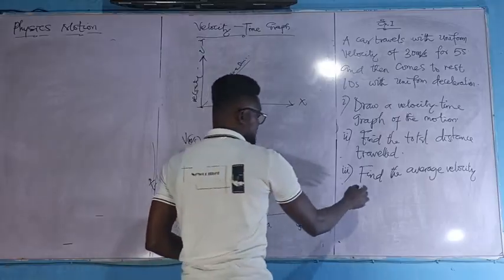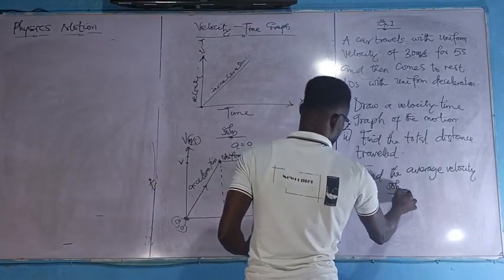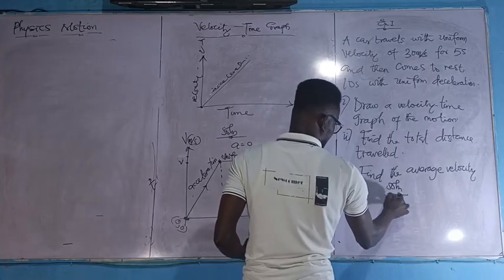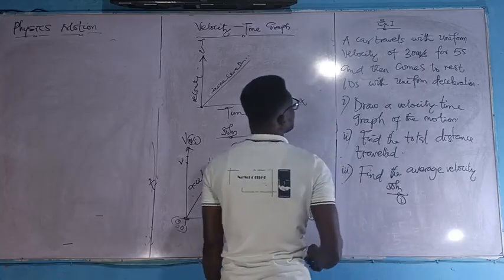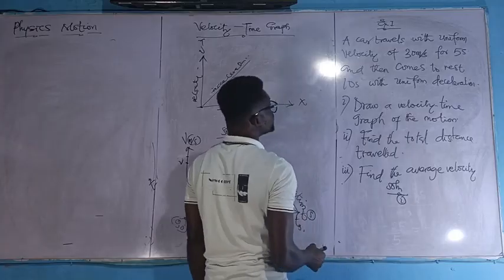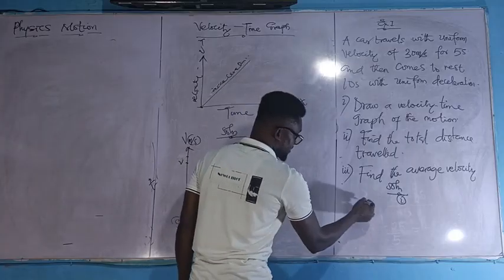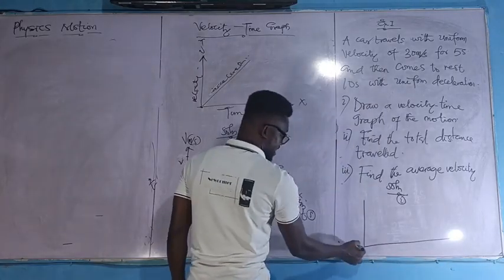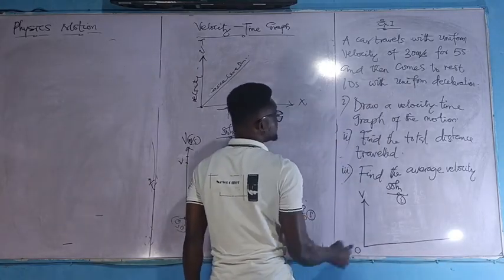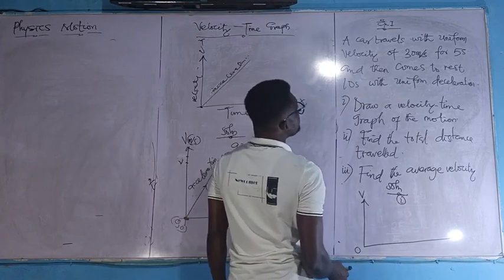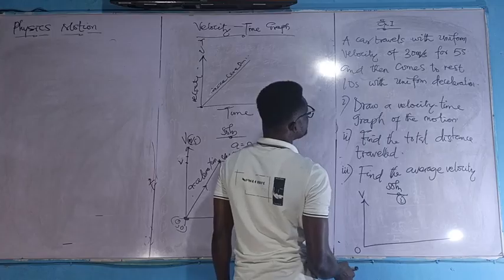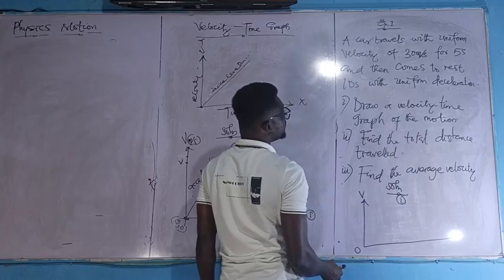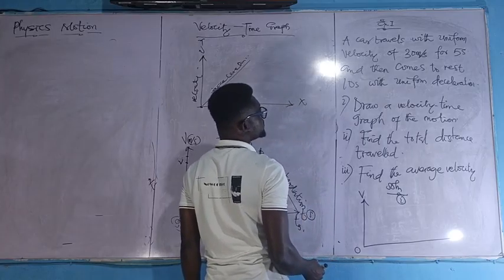So to get the graph, that's solution 1. Now a car travels with uniform velocity. Then we have this. Here is the origin. Here is velocity. Velocity of 30 meters per second for 5 seconds.